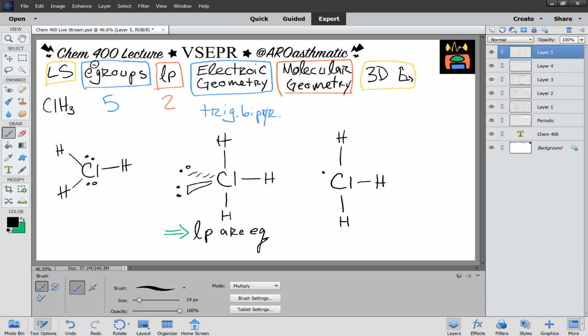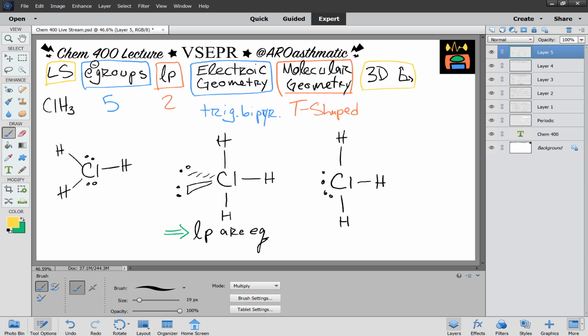So it looks like this, and if you turn it on its side, it looks like a T. This is called T-shaped. Of course, I like this one the best because my last name starts with a T. So we have a T-shaped geometry. It's a trigonal bipyramid with 2 lone pairs on our central atom.